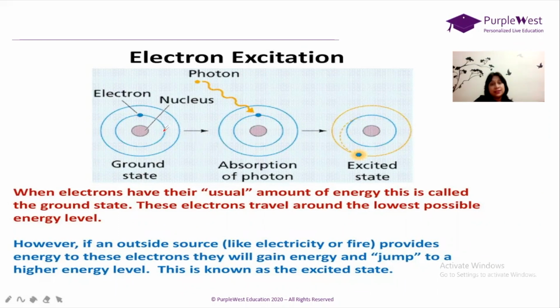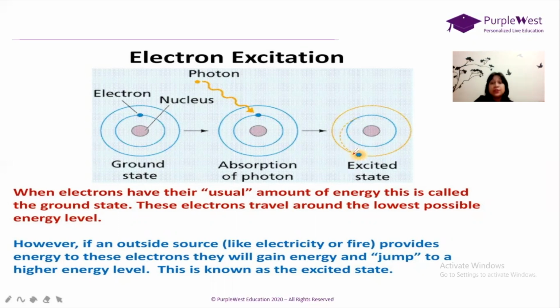Just see. If I talk about the ground state of an element, ground state means when the electron is present in its own energy level. Now, when certain light radiation, in the form of photons, falls on this, the electron absorbs the energy from the light radiation and goes to the next higher energy level, that is known as the excited state.